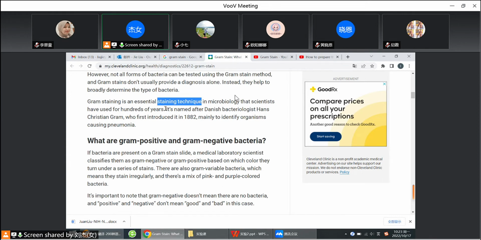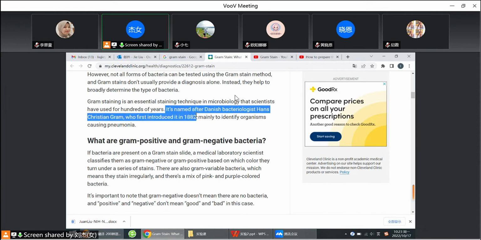When it was found in 1882, this scientist investigated the method, the technique for gram staining. And nowadays, people still use this method so often, both in the lab and in the hospital.